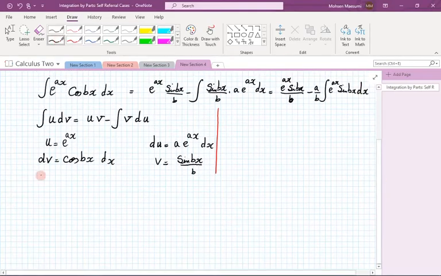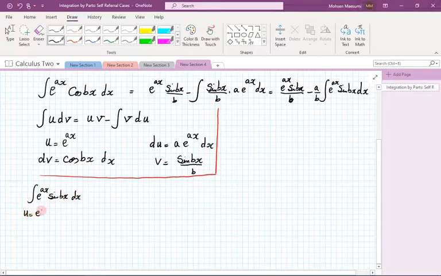Let's make sure these don't run into each other. So I have the integral of exponential of ax sine of bx dx. By now we know the drill, same as before. dv is now sine of bx dx, and du is the same as before.